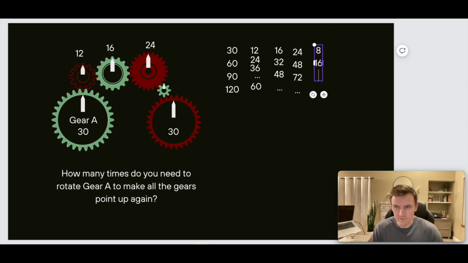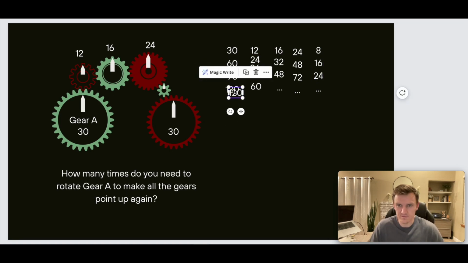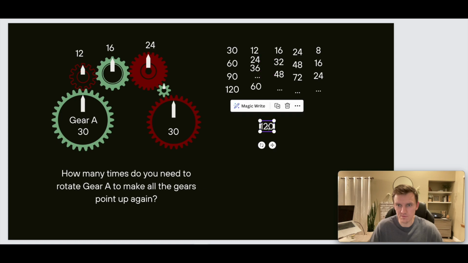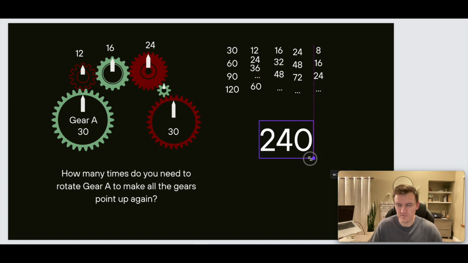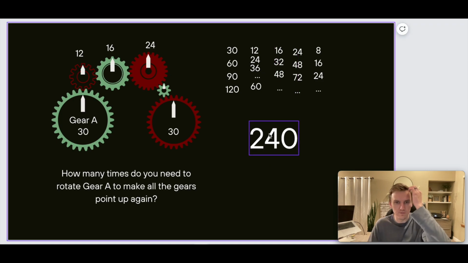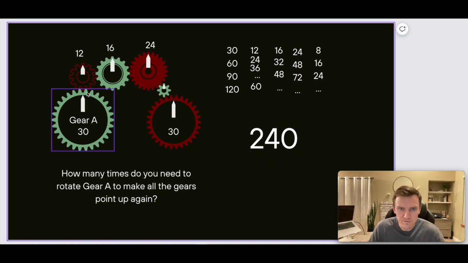If we do that and look at all the multiples, we will find that the first common multiple for all of these is 240. So after all of these gears rotate by 240 clicks, they will all be pointed up again.